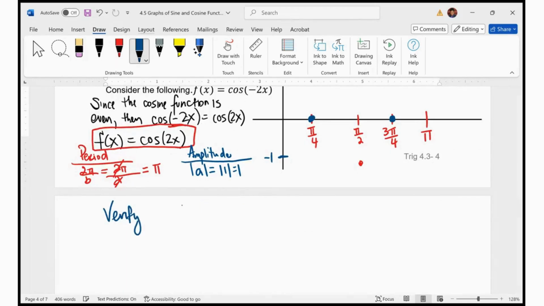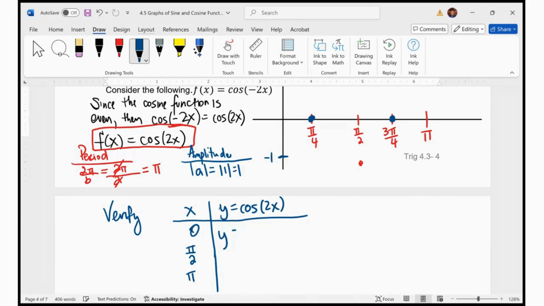So for the points we didn't plot, let's just create a table. The points we'll plot are 0, pi over 2, and pi. And let's just plug it into the function and see what's going on.